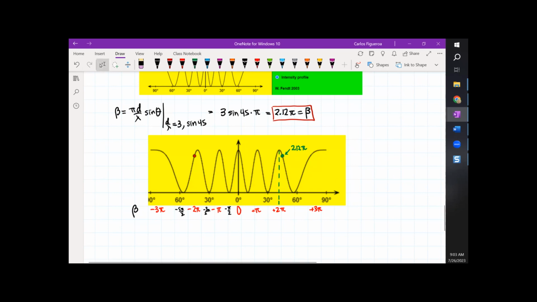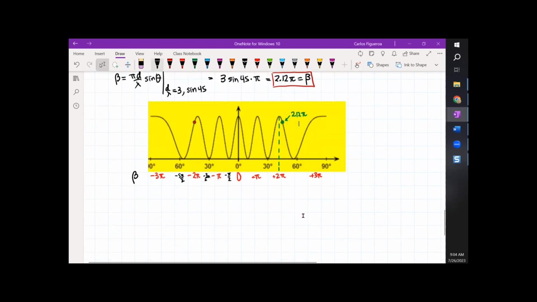So now we want to calculate its intensity. I go into my calculator, and the relative intensity at theta equal to 45 degrees is going to be cosine squared of beta, which is cosine squared of 2.12 pi.